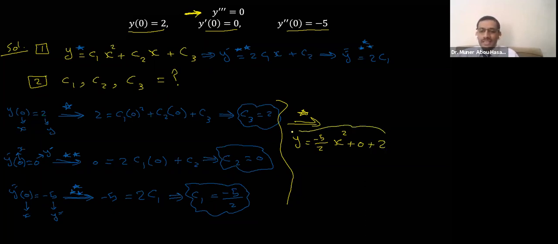So this is the solution of the initial value problem. I found the constants because I have initial conditions. So starting from now, if I ask you to solve an initial value problem with specific initial conditions, after solving the equation, use those given initial conditions to determine the value of the constants, then plug them into the solution.